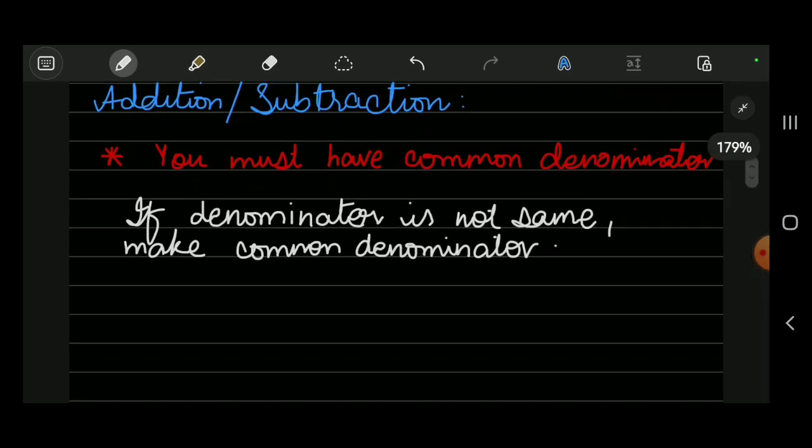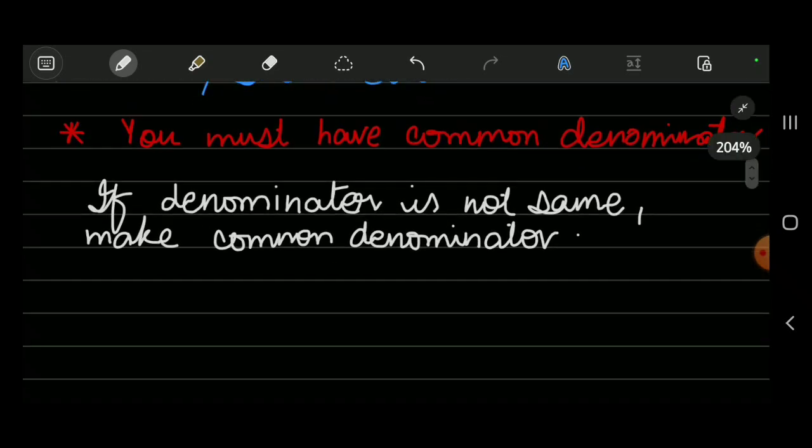Okay, how can we make it? There are two types of questions that you are going to encounter in this. First is where one denominator is a multiple of the other, for example, 1 by 2 plus 3 by 4.